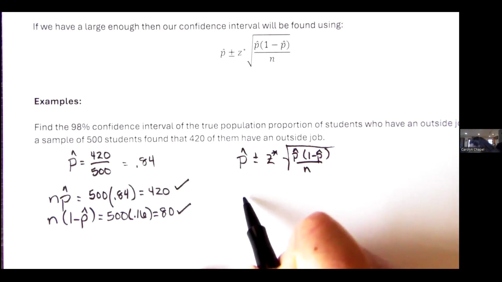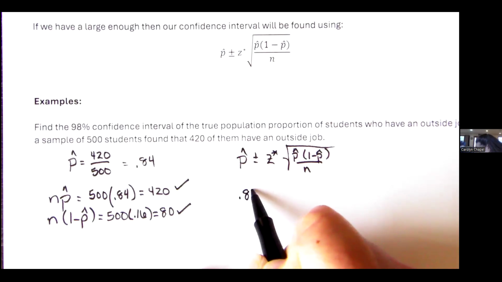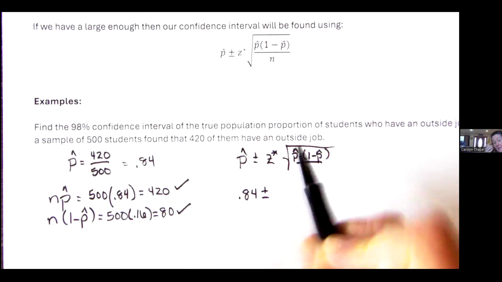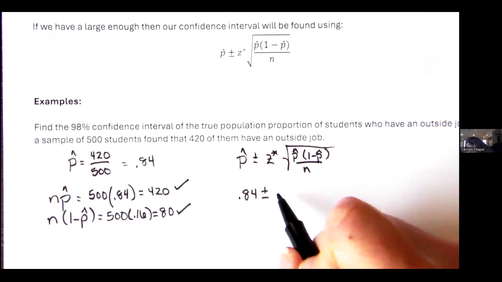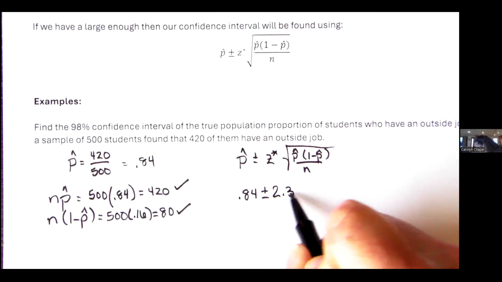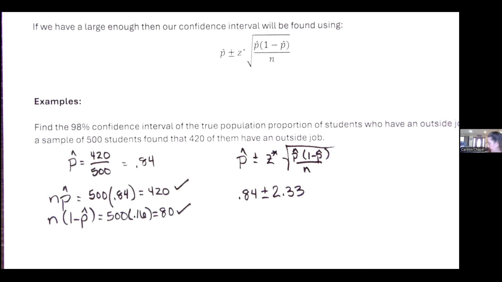My P hat is 0.84. For my Z star, I'll go back a couple of videos, find my table, or go to some other place and find my 98% confidence critical value, and I get 2.33. I pulled it off my table from before.